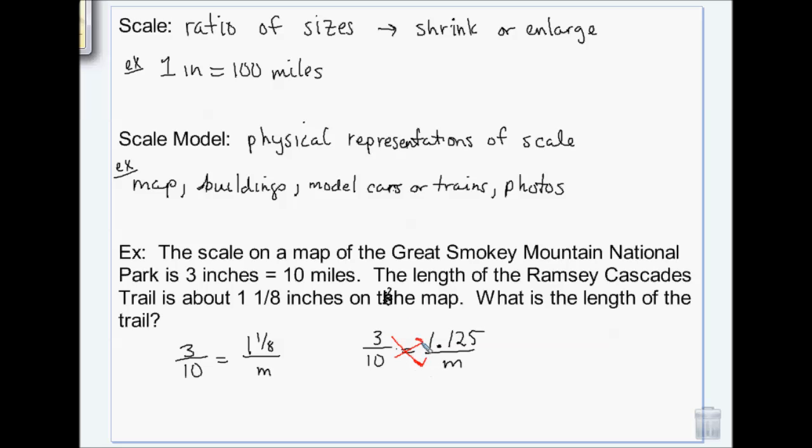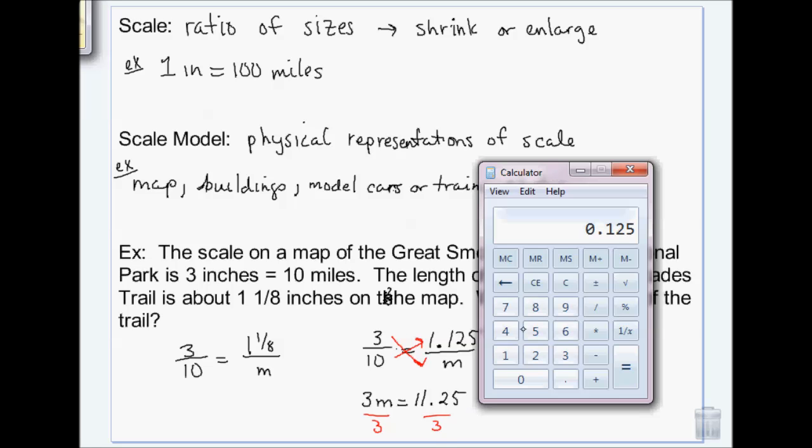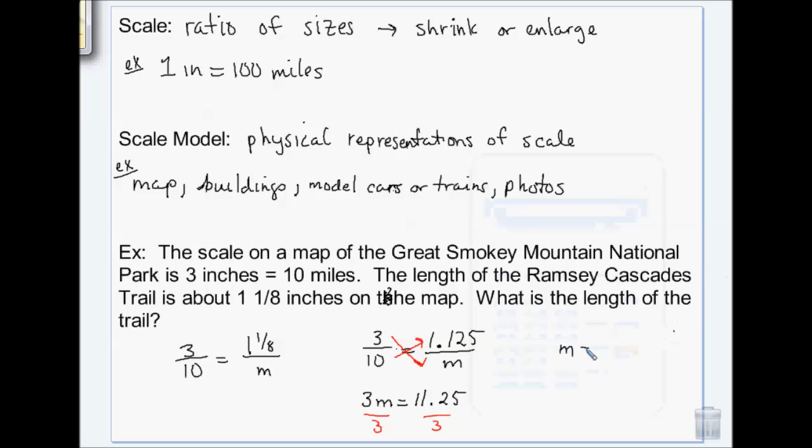I'm going to multiply, so I'm going to get 3m is equal to 11.25, and I'm going to divide both sides by 3. And I'm going to get that my miles are 3.75, so almost 4 miles. So then you can decide if you really want to walk that far or not.